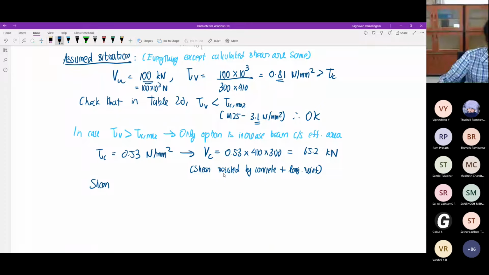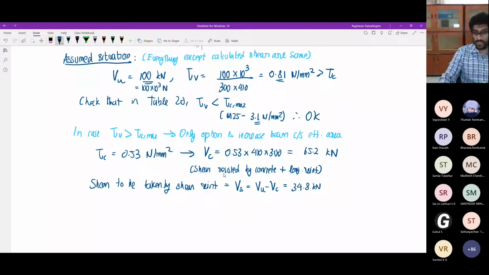So you have the formula Vus equals 0.87 fy Asv d by spacing Sv. Out of this, we know 0.87 fy, we know d, Asv is the area of a single stirrup or shear reinforcement, and Sv is the spacing at which these reinforcements have to be given.